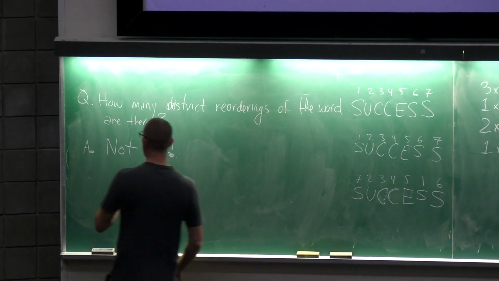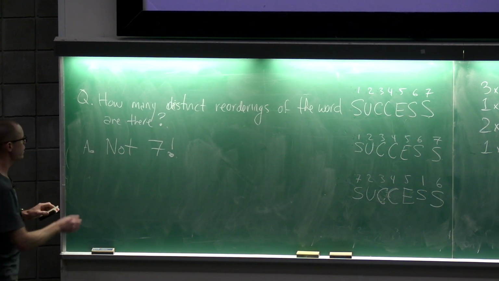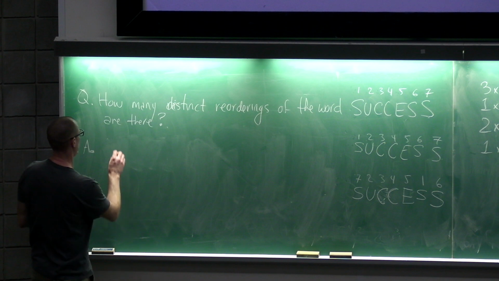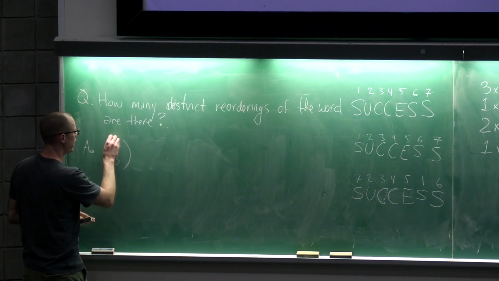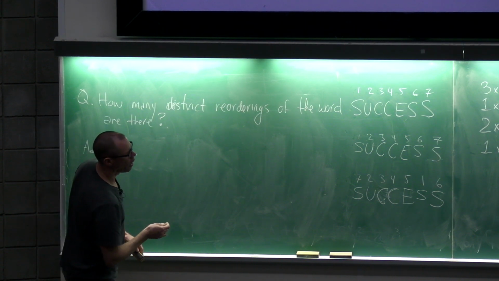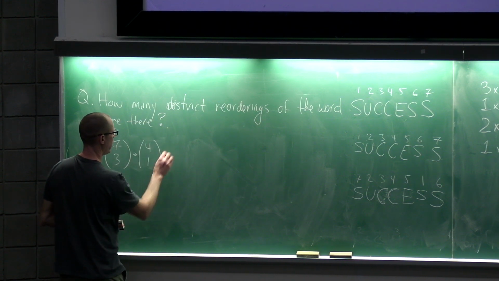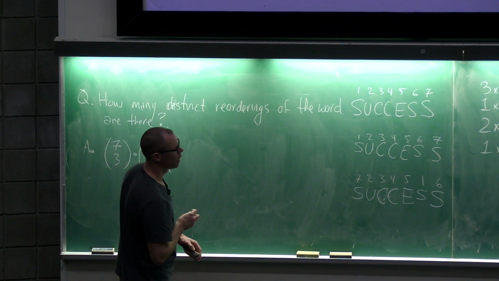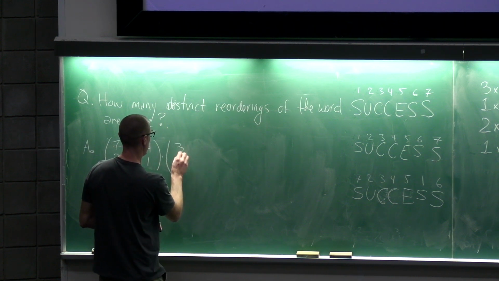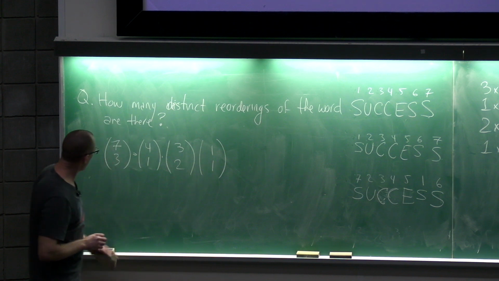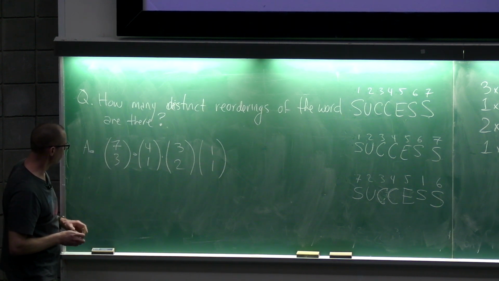Okay, so now we can be a bit more precise with our answer. It is 7 choose 3, times 4 choose 1, times 3 choose 2. And remember, we have explicit formulas for all of these things, right?